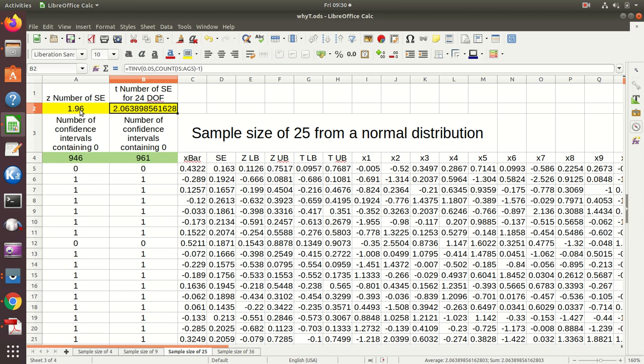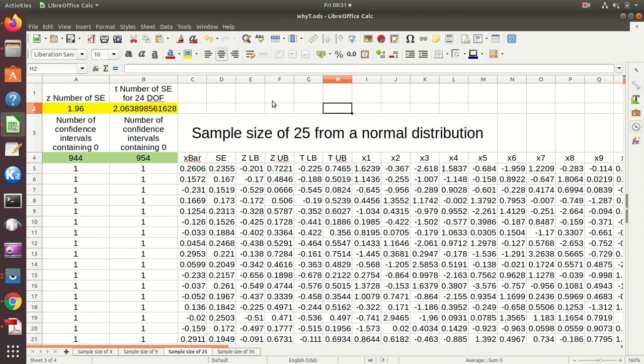And so now you see we're getting really close. I mean, this is 1.96. This is 2.06. We're only off by, what, 0.1. And we see that the numbers are getting much, much closer together. Again, we could recalculate and, whoops, there we go, recalculate.